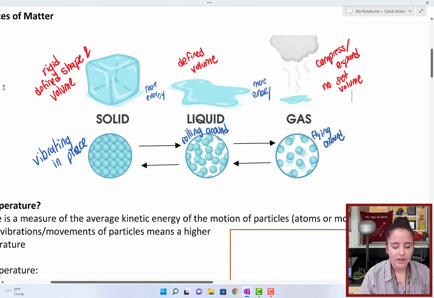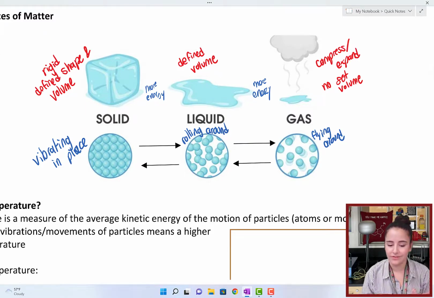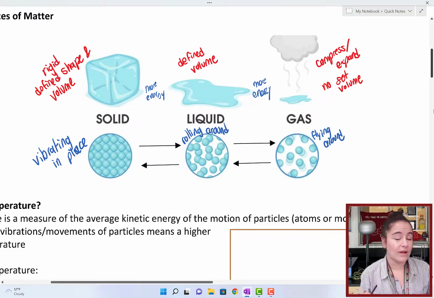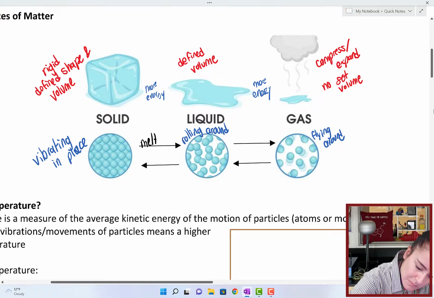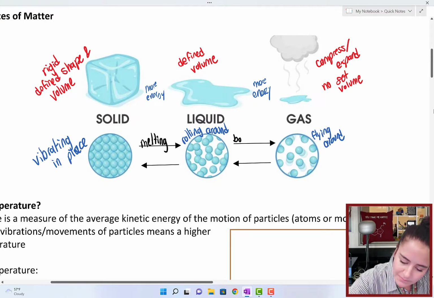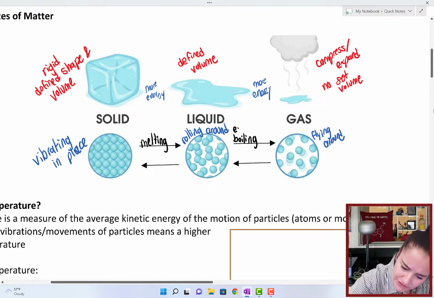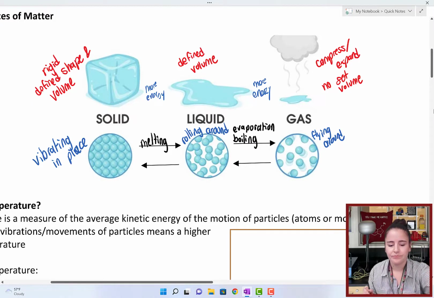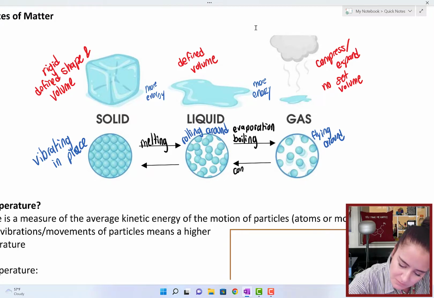And just so that we know our vocabulary, let's review the names of all of the phase changes. When things go from a solid to liquid, we call that melting. When things go from liquid to gas, we can call it boiling. But sometimes it happens really slowly, and we call it evaporation instead. Now going the other way, removing the energy, going from a gas to a liquid is called condensation.